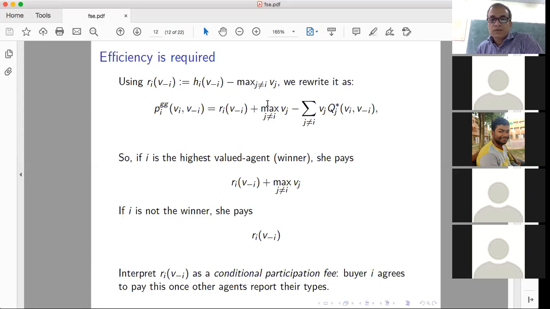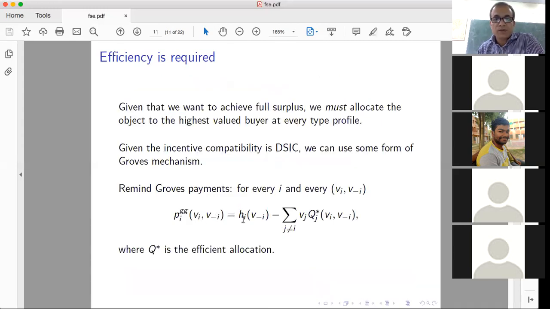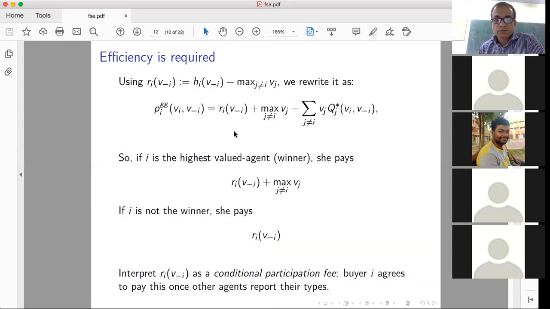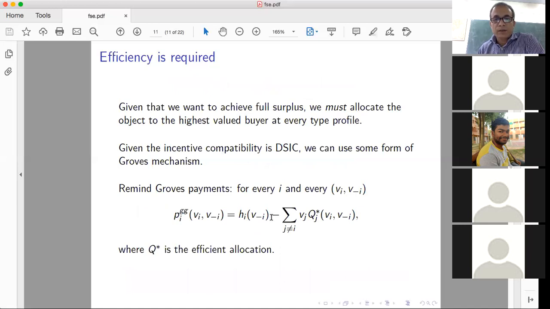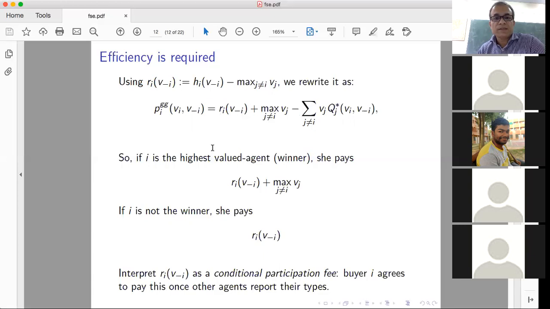If you do this conversion, then I can always write the Groves payment as r_i(v_{-i}) plus max over j not equal to i of v_j minus this term. So basically I have added plus max of v_j and subtracted minus v_j, and that gives you this particular simplification.